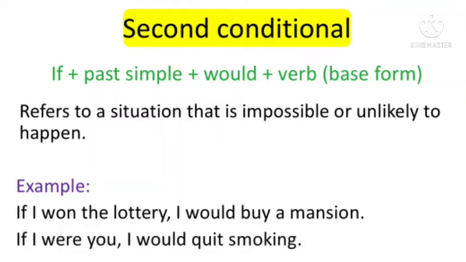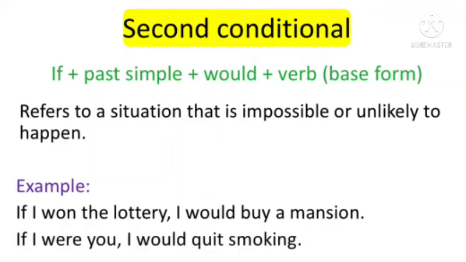Moving to the second conditional. In the second conditional, the if clause should be in past simple and the main clause should be in future in the past, which means would plus base form, should plus base form, could plus base form, and might plus base form.